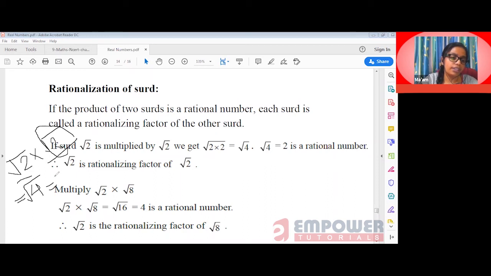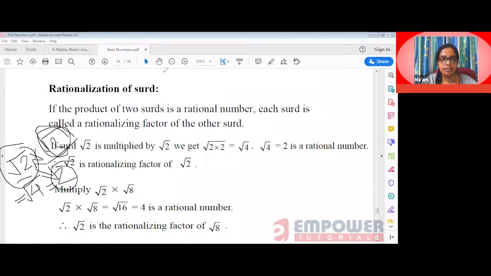So I will get 2, which is the rational form of this surd. Understood? So root 2 is the rationalizing factor which will convert this irrational or surd form into rationalized numbers. Got it? So this is how we can rationalize the number.